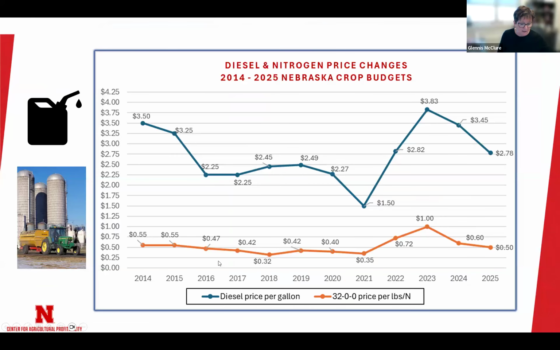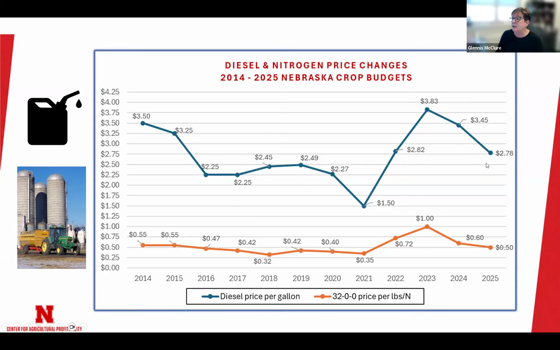So let's look at diesel and fertilizer. Oftentimes our pesticides and fertilizers relate to what's going on in the oil market. And this is our diesel price. In our budgets for 2025, we figured $2.78.